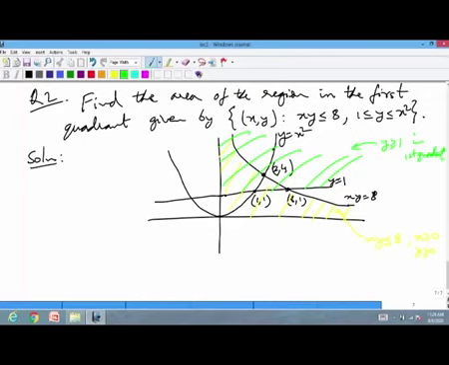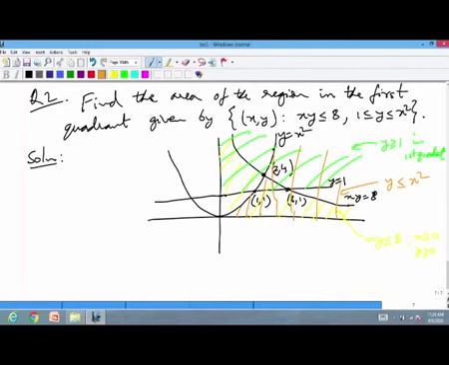And the region y is less than or equal to x square is this region in orange, because this is below the curve y equal to x square.